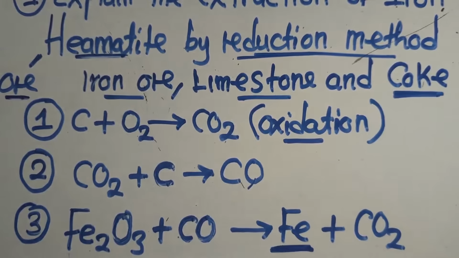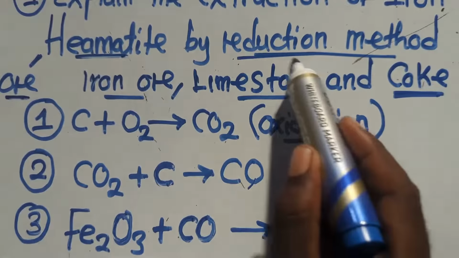But we are not only going to end here. The other thing that you are supposed to know and understand is that the iron that we've produced here goes to the bottom of the blast furnace where it is tapped off. So when it goes down there, we first talked about the limestone.